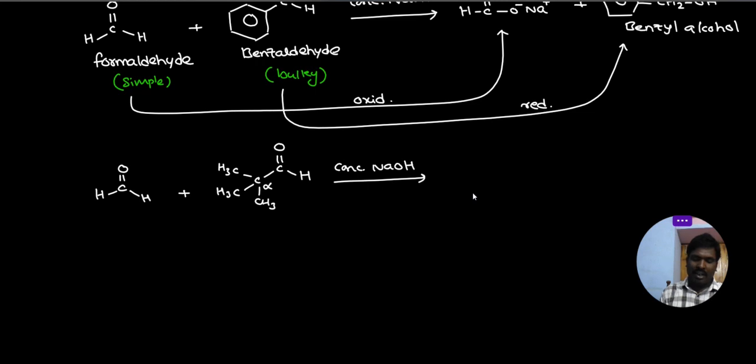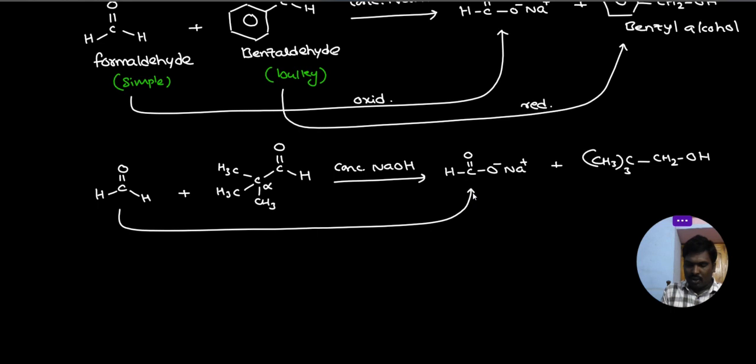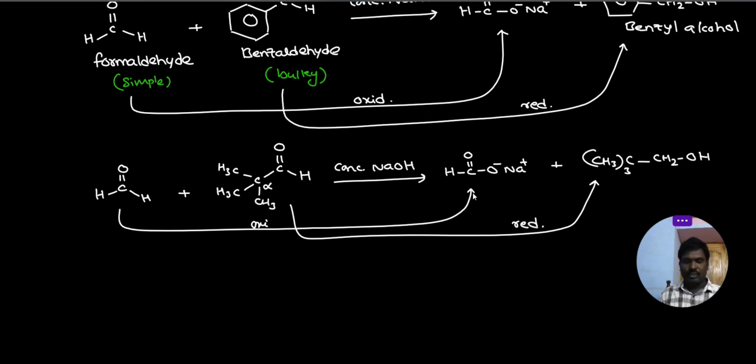So the simple aldehyde is oxidized, the bulky aldehyde is reduced. Sodium formate plus the CH3 thrice C group, which is reduced to CH2OH. Clear? Oxidized, reduced. Understood? This is a crossed Cannizzaro reaction. I hope everyone understood this one.